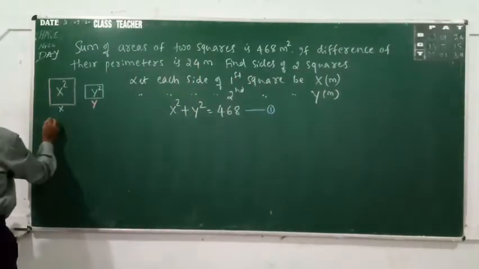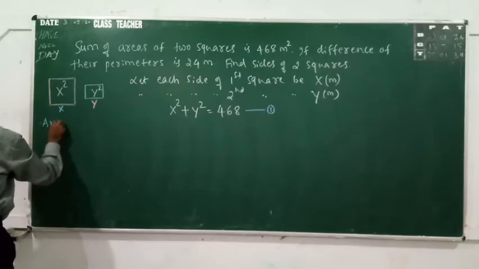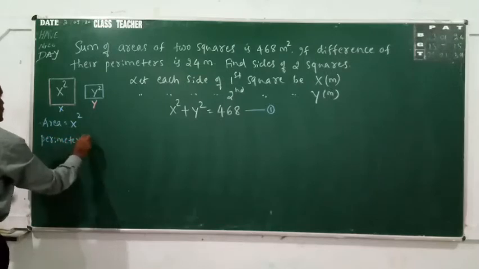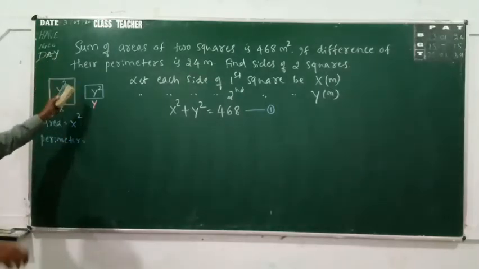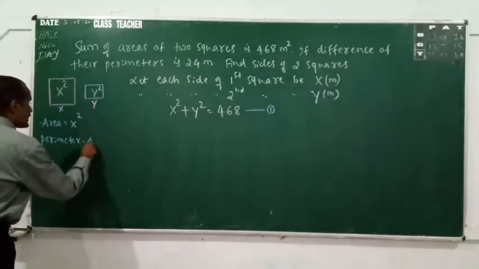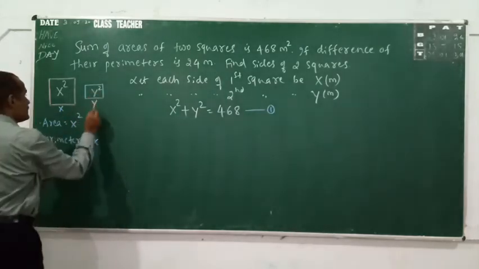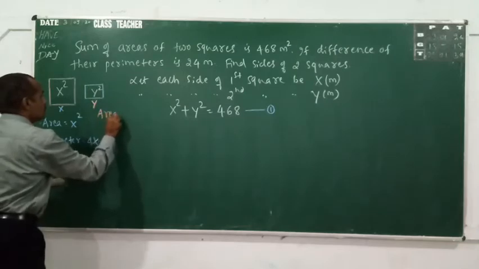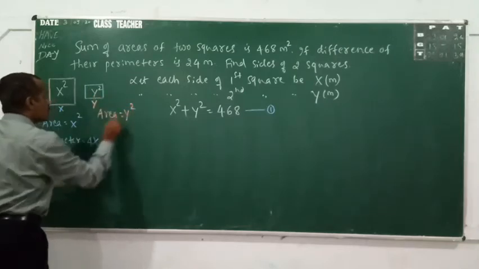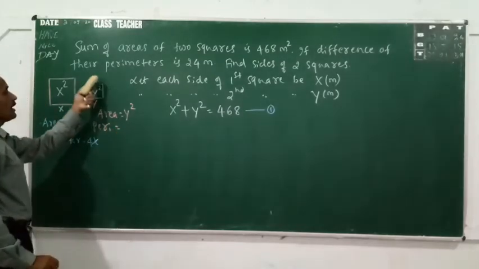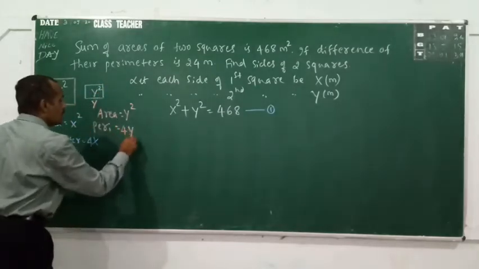For this, area is x square, perimeter means 4 into side, it is 4x. This is for the first. Here, area is y square and perimeter is 4y.